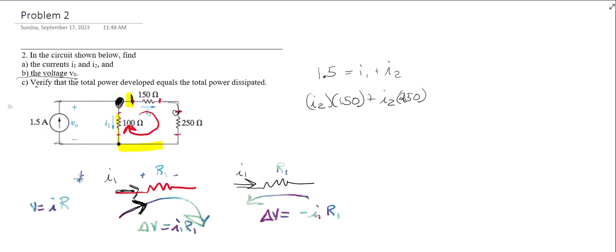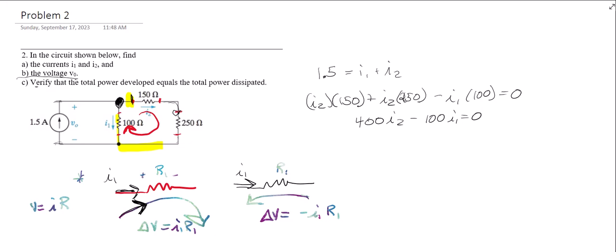So if I'm using I1 as labeled, which I am because I've already used it in the first equation, then I need to write that voltage change as minus I1 times 100 equals 0. So now I have 400 I2 minus 100 I1 equals 0.